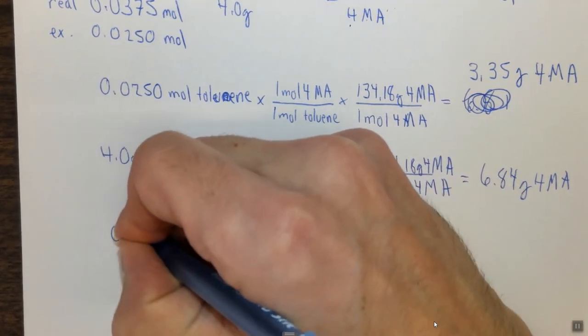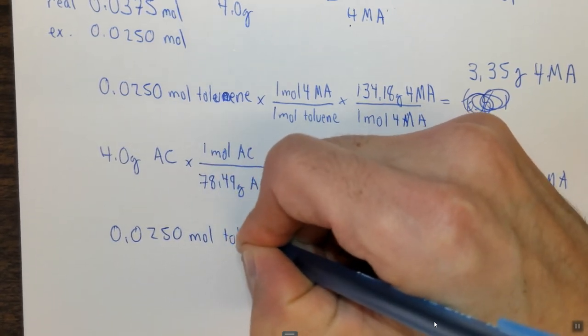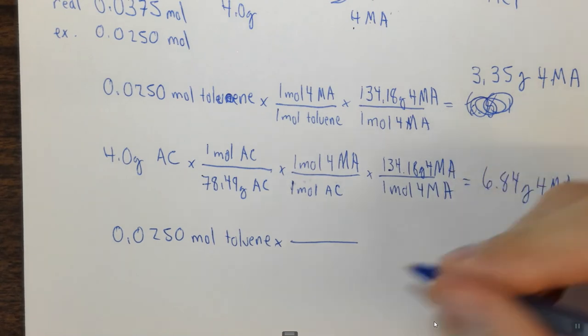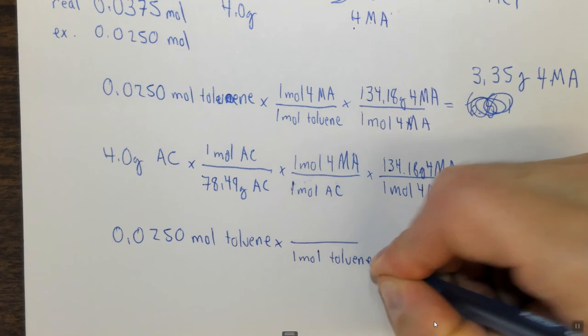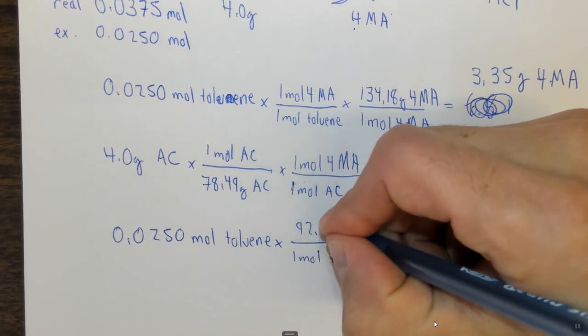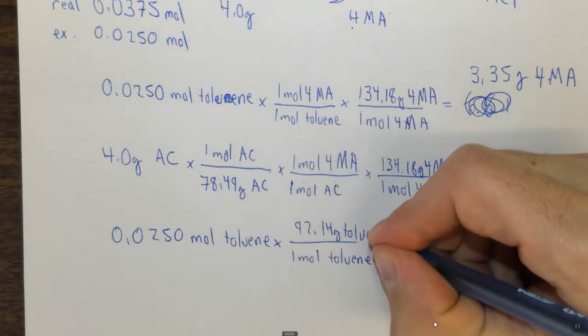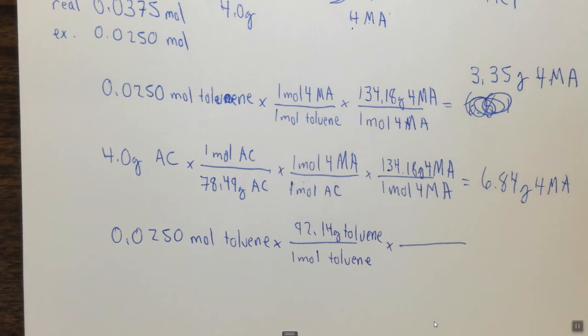So let's convert this to a usable unit. Well, if I have 0.0250 moles of toluene, I first want to convert it to grams. So 1 mole of toluene is 92.14 grams of toluene. Then we want to convert it to volume because toluene happens to be a liquid at room temperature.